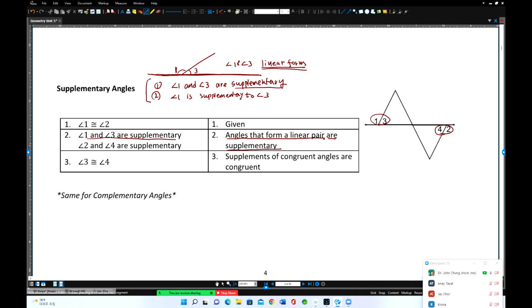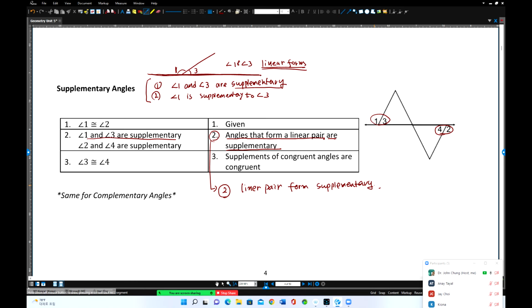This is fine. Another good reason, just simply: a linear pair, angles that stand on a straight angle. We said linear pair forms supplementary angles.